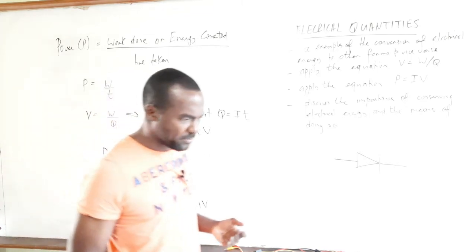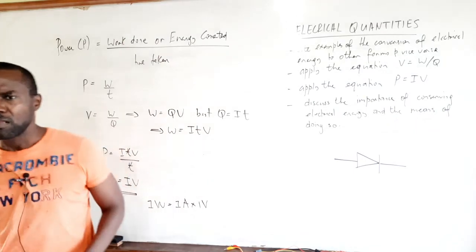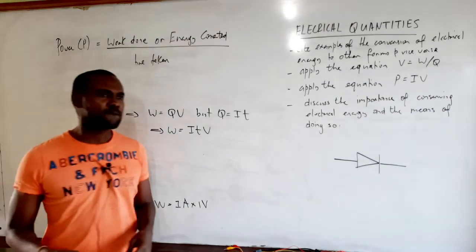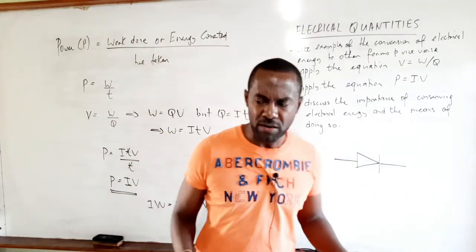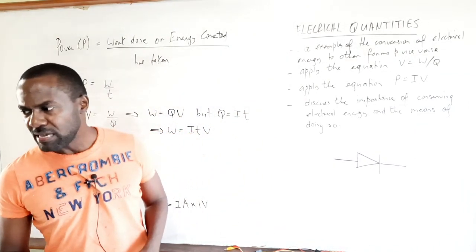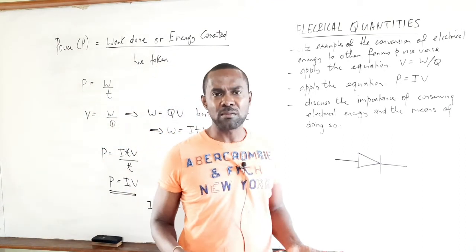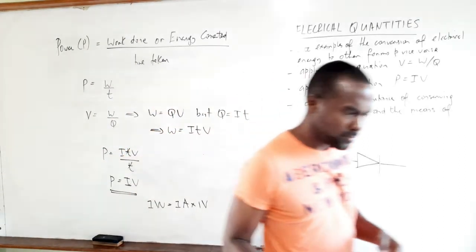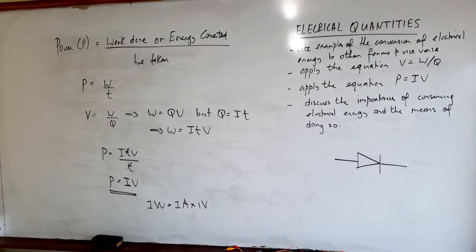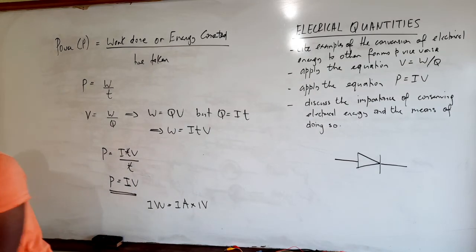So as a matter of fact, if I'm not mistaken, I think a 13 watt compact fluorescent lamp would be equivalent to about a 60 watt incandescent bulb. Right. So that number may vary from manufacturer.